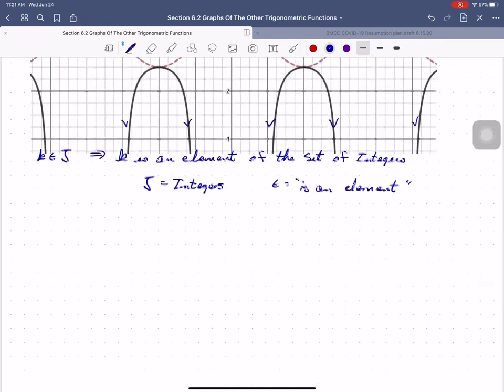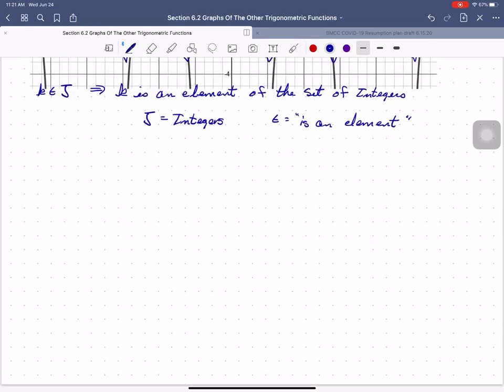Now cosecant is very similar, which hopefully doesn't surprise you, because cosecant comes from sine, which is very similar to cosine. And in fact, cosecant, remember, is 1 over sine.